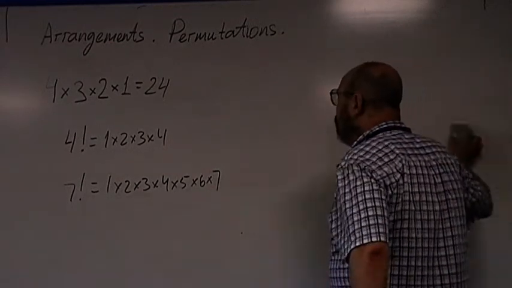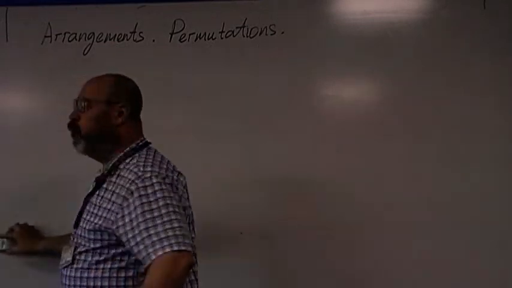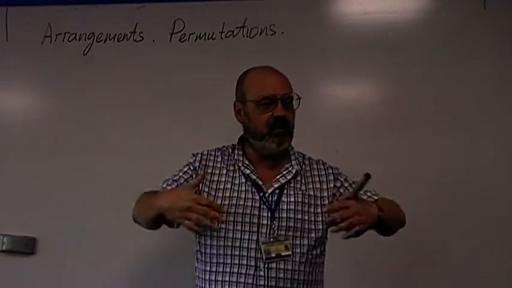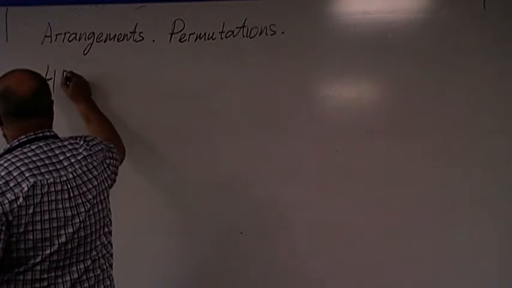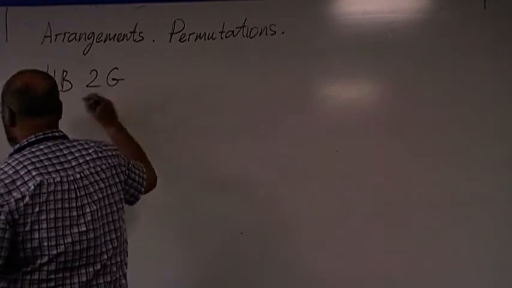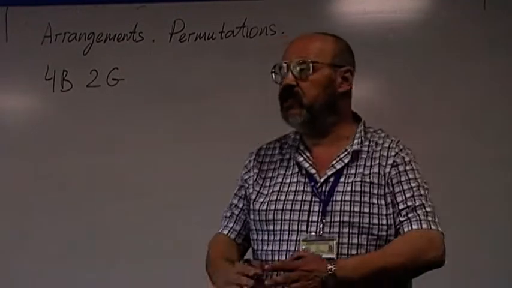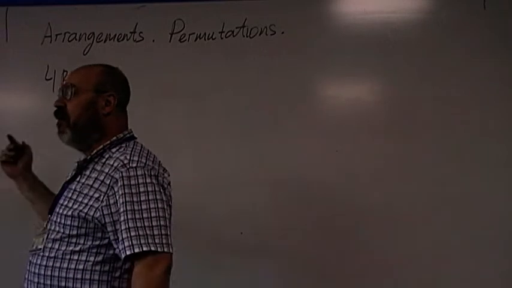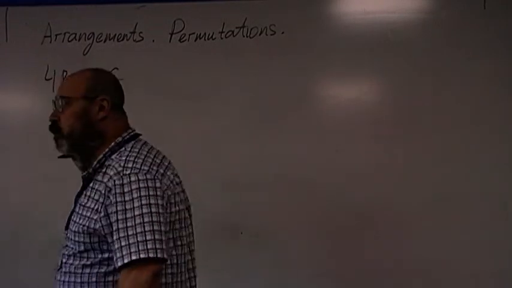For example, let's say we have 4 boys and 2 girls, and we want to sit all of them in one row. If there are no restrictions, in how many ways can we sit 6 students in a row? We have 6 students, it means 6 factorial.